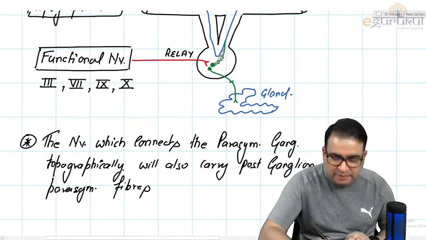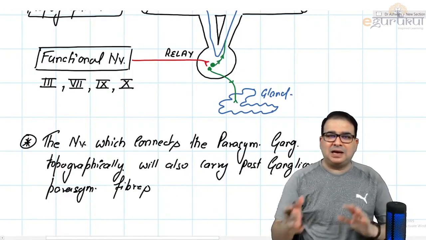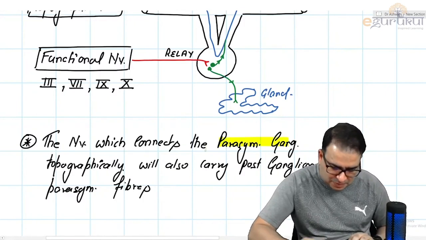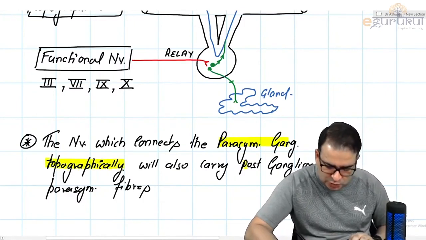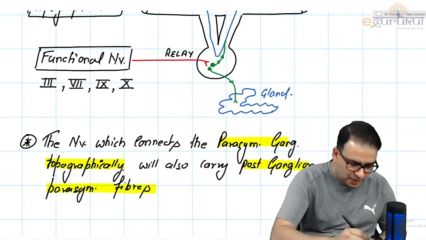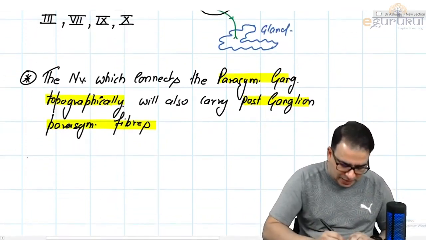They're also carrying these fibers. Post-ganglionic parasympathetic fibers are carried by the topographic nerve. So the nerve which connects the parasympathetic ganglion topographically is also carrying the post-ganglionic parasympathetic fibers. One point.